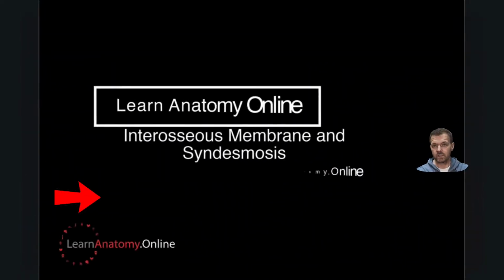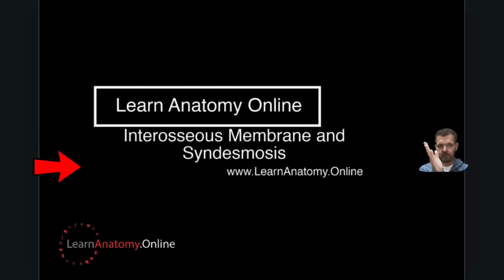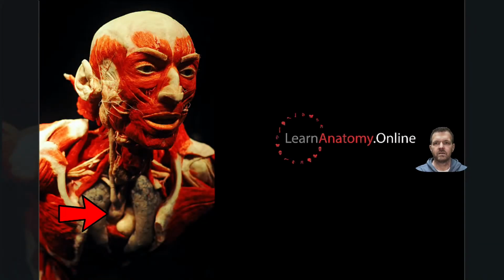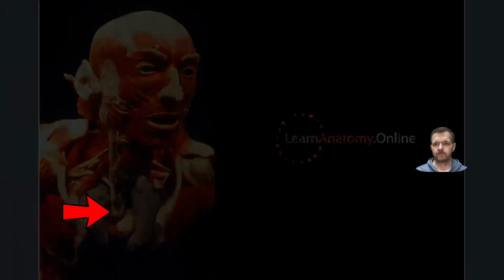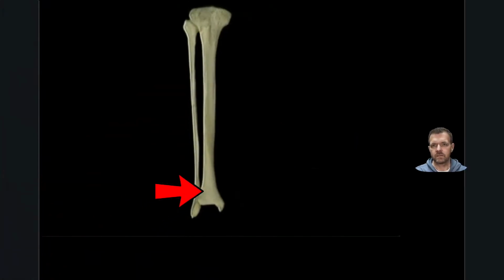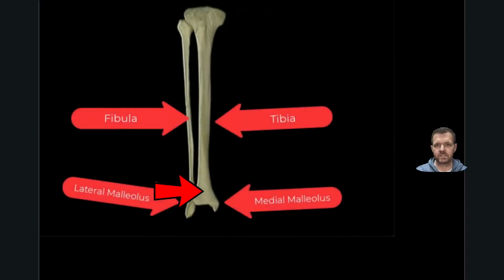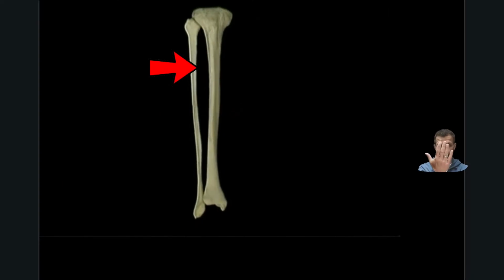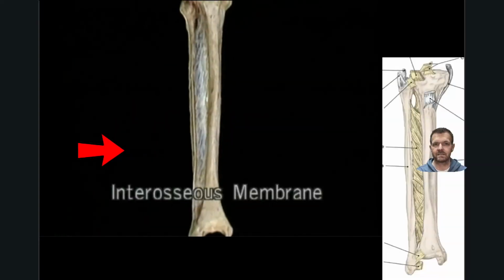So we've got the interosseous membrane, in between the two bones, and then the syndesmosis ligaments on this video. There's your fibula, there's your tibia, so lateral malleolus, medial, tib and fib. And in between these two bones will be this membrane that separates the front and the back of the leg. There it is.